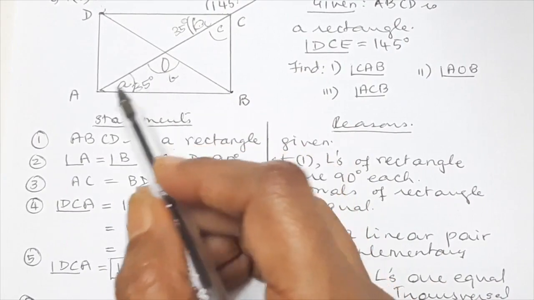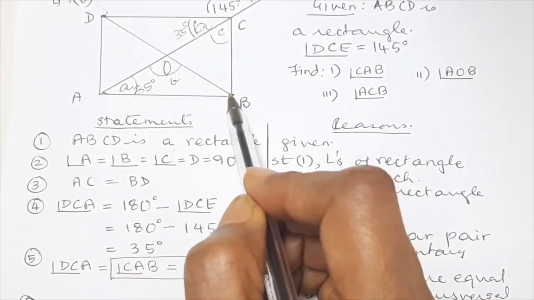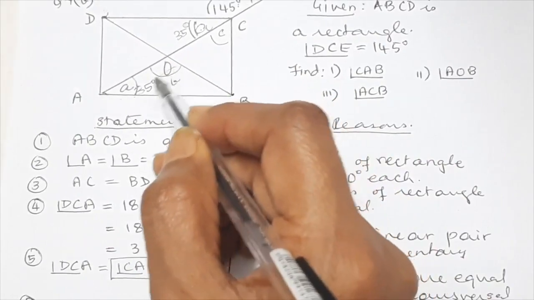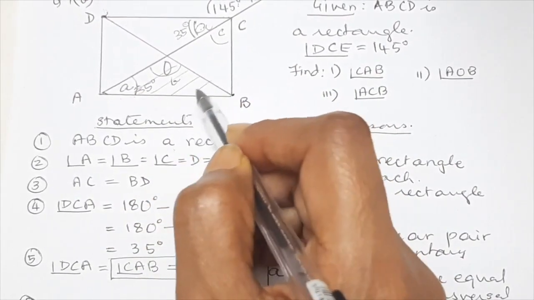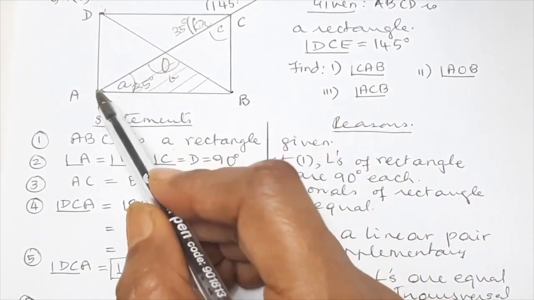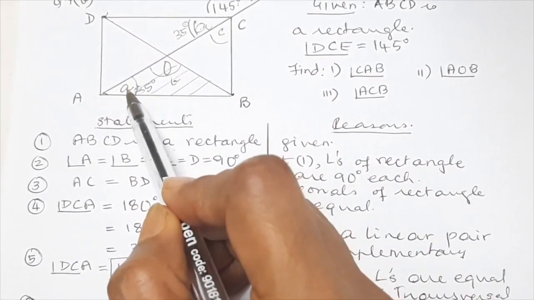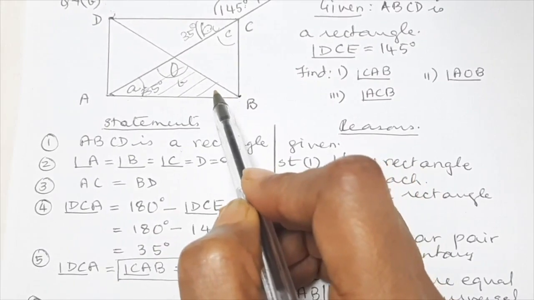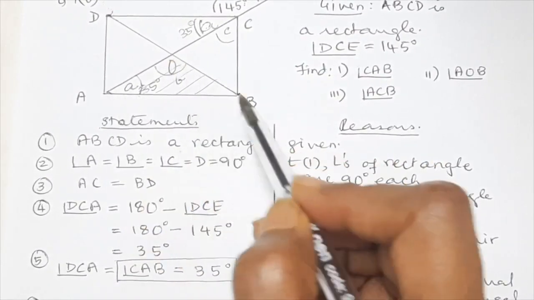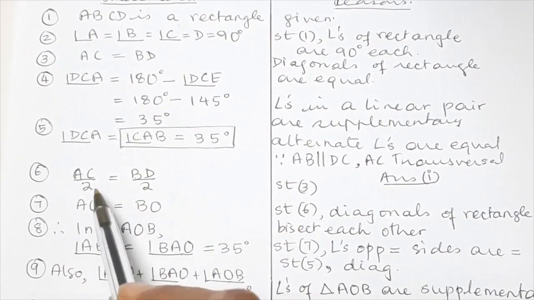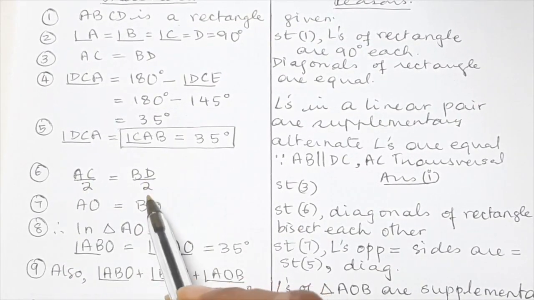So now if I have to find AOB, that is the second one, then I need to look at this triangle. Now in this triangle, I need to know AO and BO. They are going to be equal. So this will be 35, this will be 35 degrees. So we will write AO equal to BO. This statement number 3, which says AC equal to BD, we'll write therefore AC upon 2 is equal to BD upon 2.